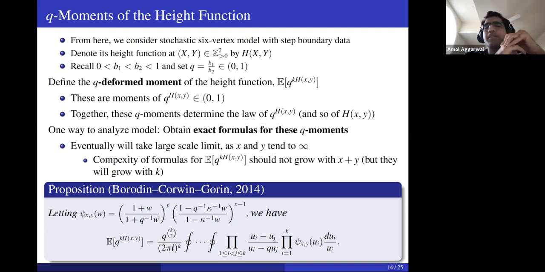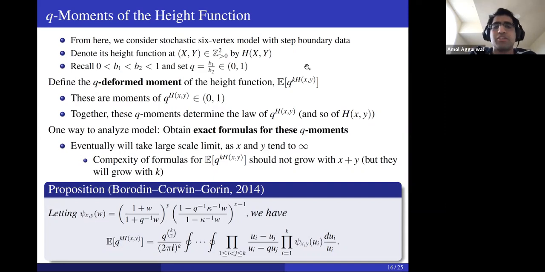Ideally, one might want to just compute the mean and the variance of h of xy. It turns out the thing that's algebraically nicer to compute is a q-deformed moment of this height function. So it's the expectation of q to the k times h of xy, where if k is 1, it's sort of like a q-deformed mean. If k is 2, it's something like a q-deformed variance, etc. So k gives you the level of the moment. So you're raising q to the h and taking a moment of that.